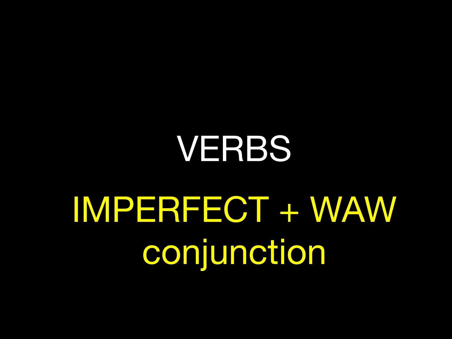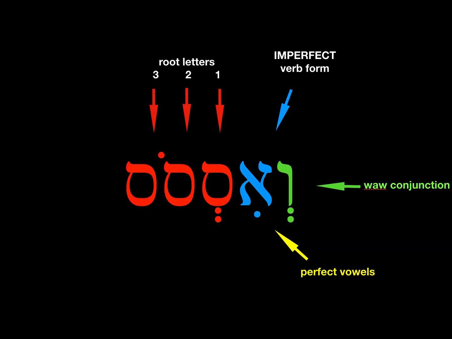Okay, what happens when we add a regular vav conjunction? Just like with the perfect, where we moved from the past to future, now imperfect moves from future to past in English. However, the meaning of incompleted action remains the same. This is what happens. We have the verb, we have the three root letters, we have the form of the verb, the aleph, which tells us it's an imperfect, and it also tells us the person, which is 1cs.